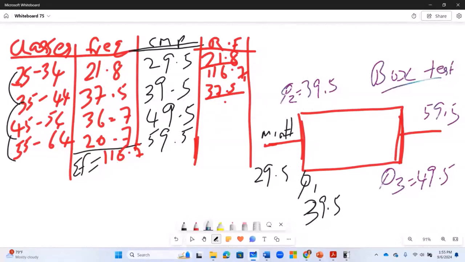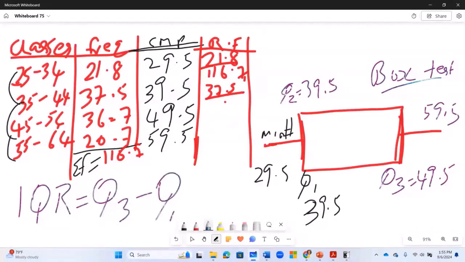Okay, I can be told to find the interquartile range, which is the IQR. The IQR is Q3 minus Q1, like I said last week. So what is Q3? Q3 is 49.5 and Q1 is 39.5.